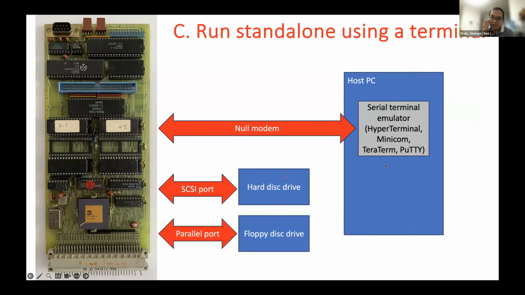The third one, it was mentioned, can run standalone using a terminal. We need to connect a SCSI hard disk, and possibly a floppy disk using the parallel port, then just use a terminal emulator like HyperTerminal, Minicom, or Tera Term.